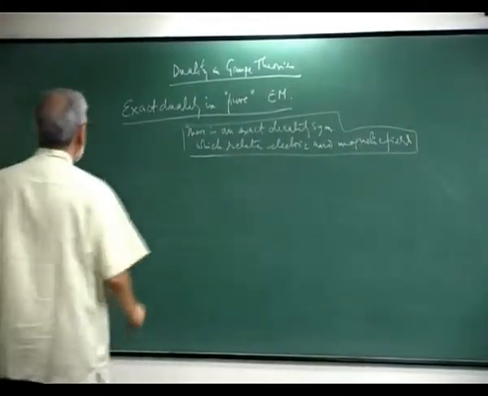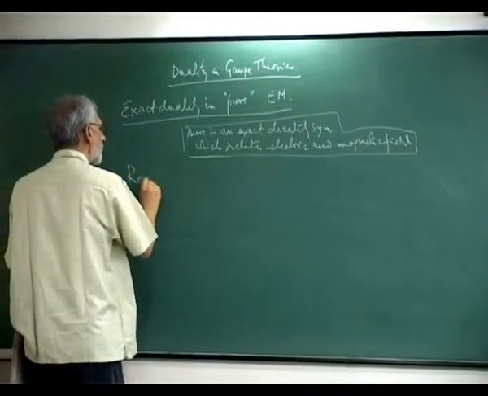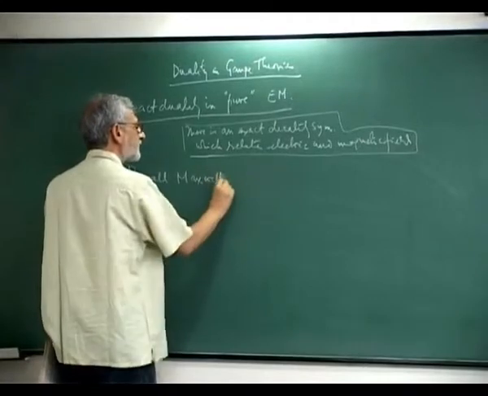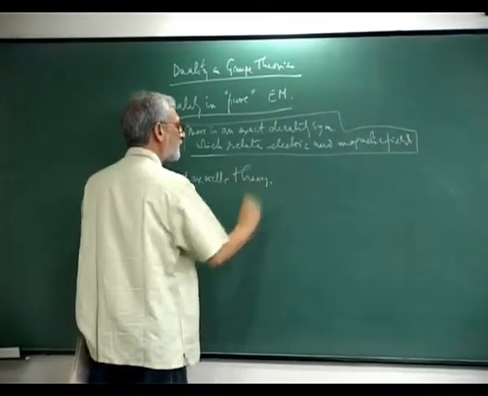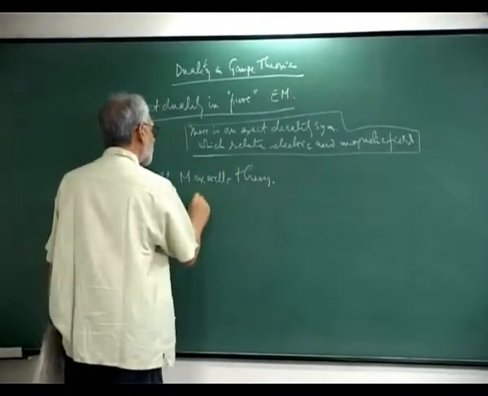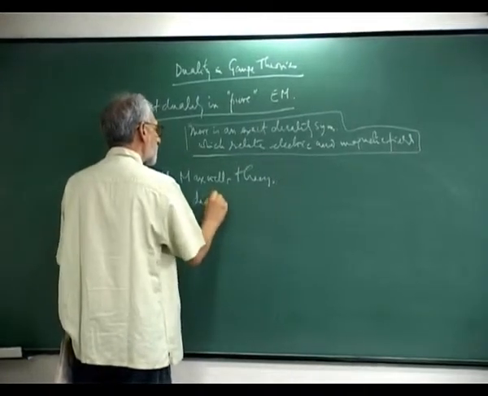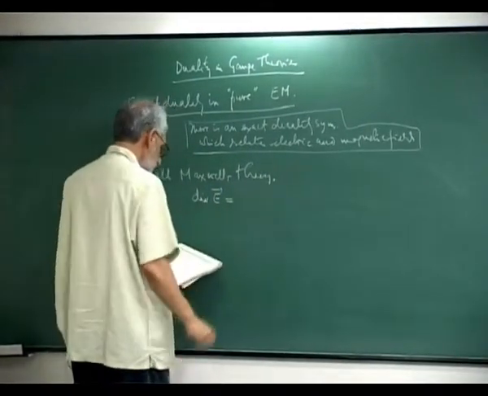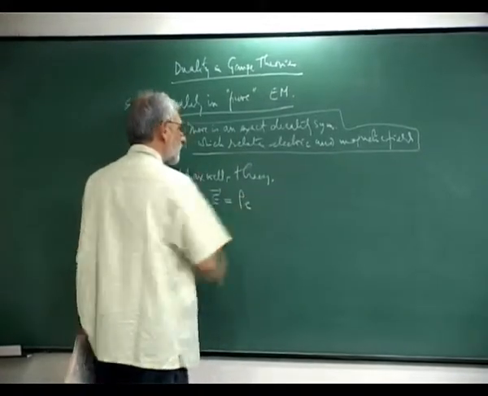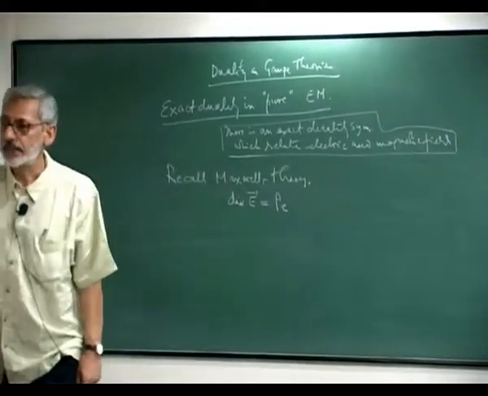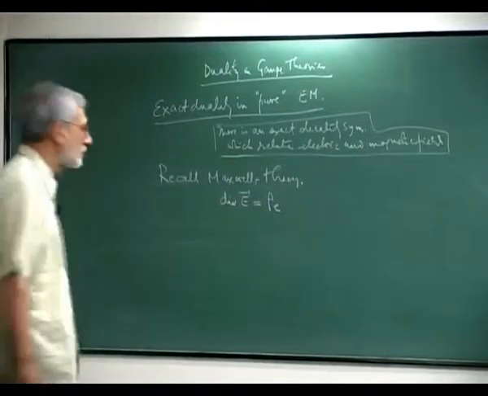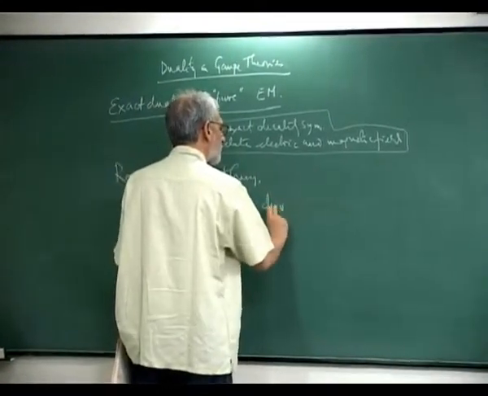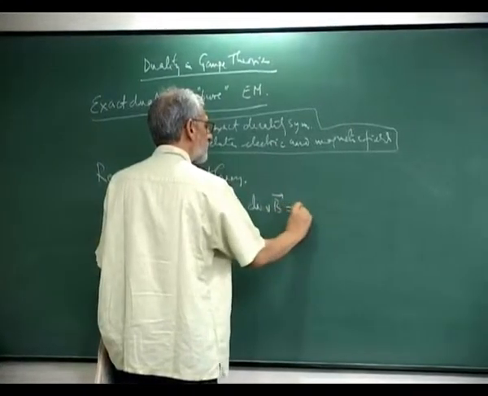So let's recall Maxwell's theory. Maxwell's theory is given in terms of, in natural units, divergence of electric field is electric charge density, and divergence of magnetic field is 0.